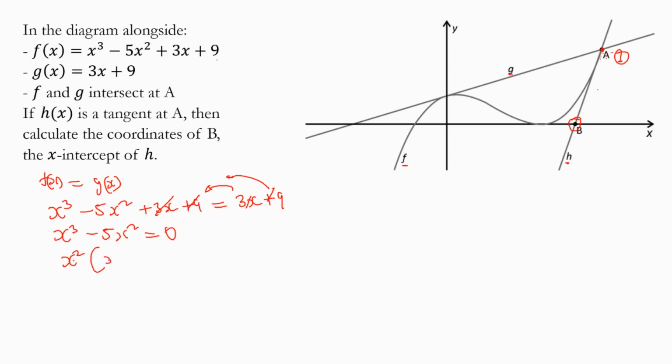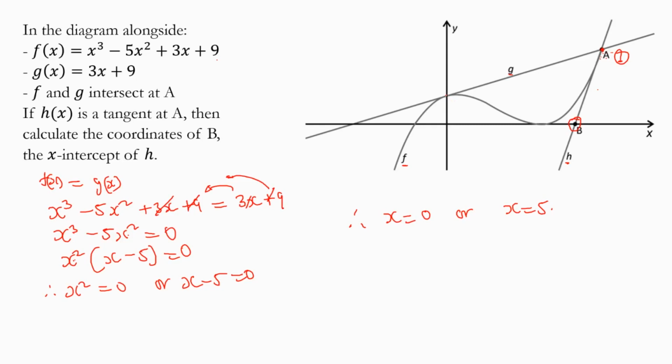That's x. And then negative 5x squared divided by x squared, that's negative 5, is equal to 0. So meaning that x squared is equal to 0, or x minus 5 is equal to 0. Therefore, x is equal to 0, or x is equal to 5.